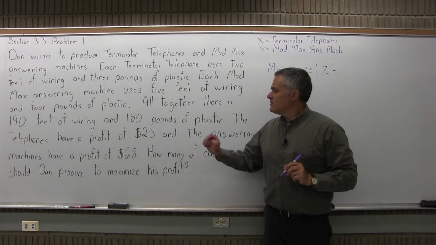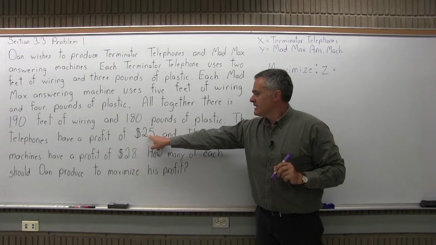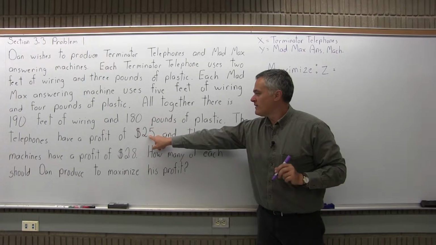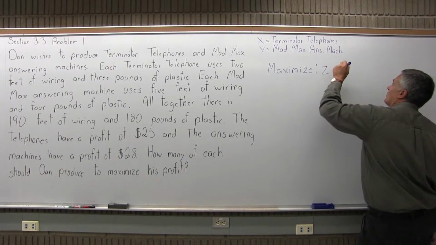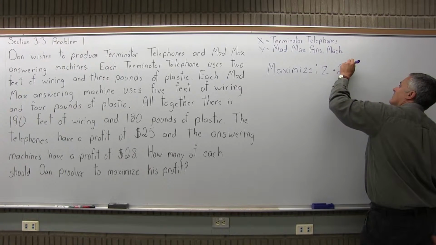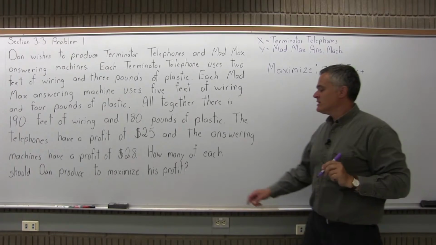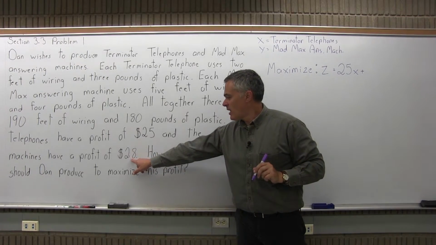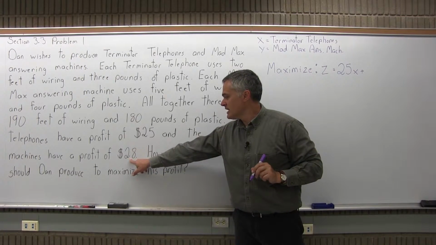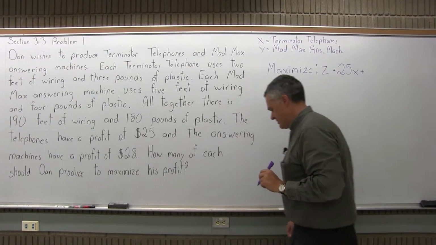So my telephones are represented by the variable X, and each telephone produces a profit of $25. So 25 times X plus, now the answering machines are represented by the variable Y, and each answering machine has a profit of $28.